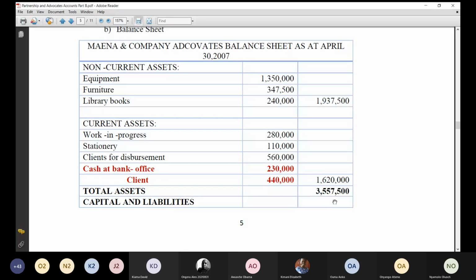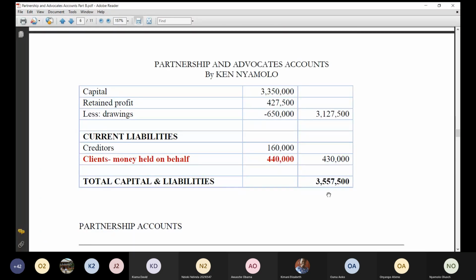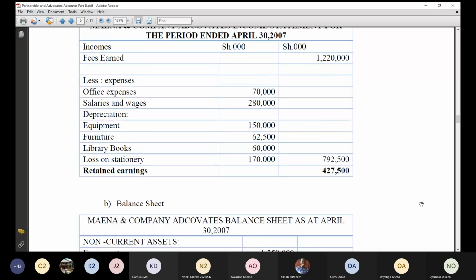Having posted that correctly, you will get a mark for that 560, the correct bank balance in our accounts for our office accounts, and the correct account for our clients, the correct amount of disbursements, the amounts that we have paid for our clients. And then you adjust your capital, your retained profit is what you have on your income statement of 427,500.